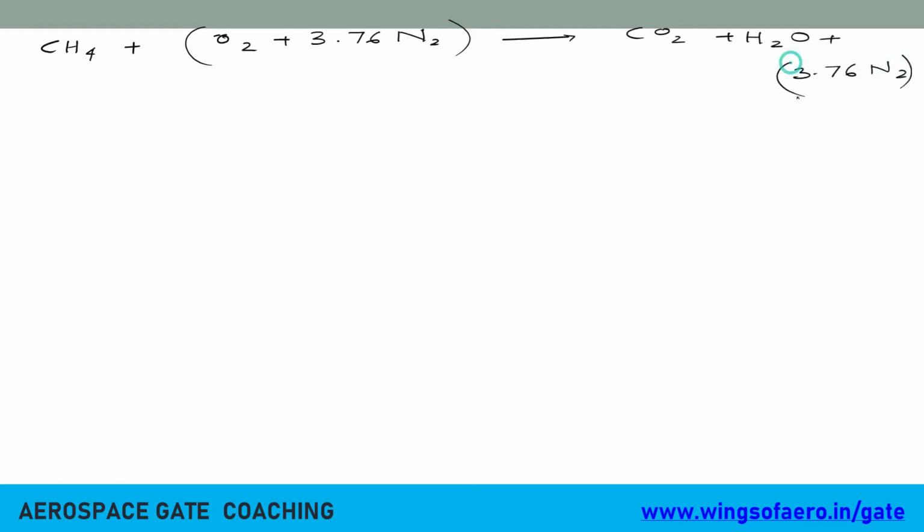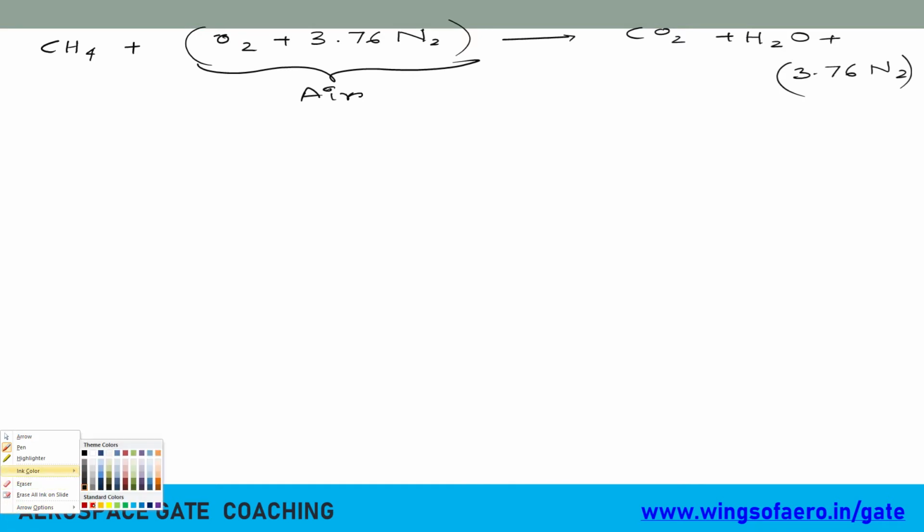You remember I have said that if they have given air, this is the air, instead of oxygen they are giving the value air. If they are giving air, the outcome is going to be some amount of carbon dioxide, water and nitrogen. Now whatever equation they give, you have to balance the equation.